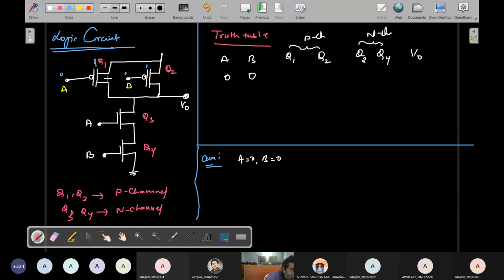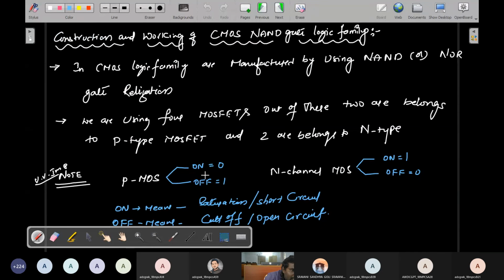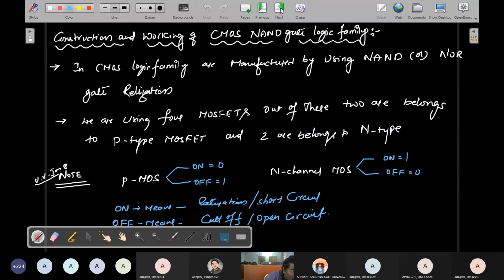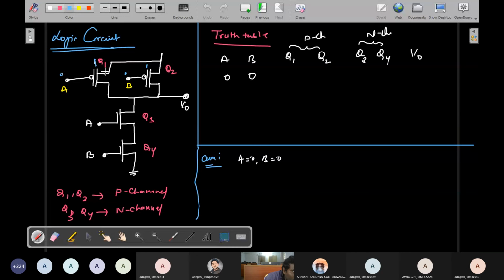These two belong to P channel. If you see once again, in P channel, Q1 Q2 are P channel. If both are 0, no need to consider the complementary situation, whatever it may be.